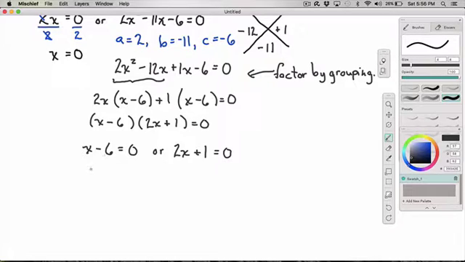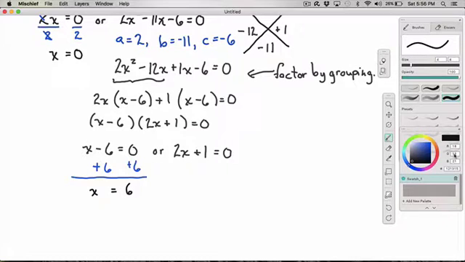Now I solve each one. Again, I'll mark my changes here in blue. On this first equation, I'm going to add 6 to both sides. That's going to give me the new equation x equals 6. So now I've found my second solution.